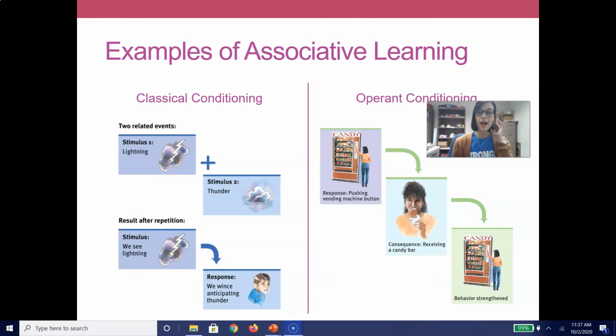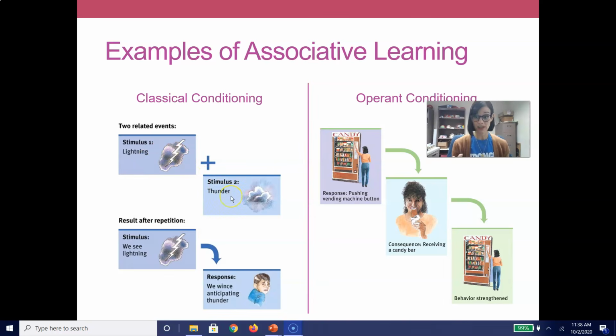So what ends up happening with repeated exposure to lightning and thunder? We learn that lightning predicts thunder. So I know I do this, and odds are pretty good you do this too. This is a clear sign of classical conditioning. We have two events.